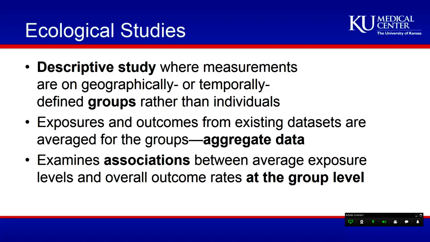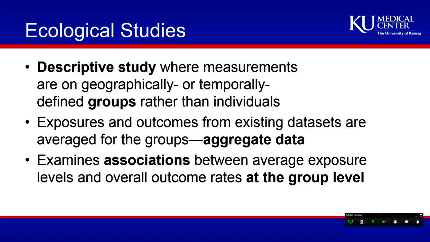So maybe you have it at a state level. So I know the percentage of individuals in the state with this particular condition, rather than each individual person in that state and their actual status. So it's all aggregate data for both exposure and outcome.